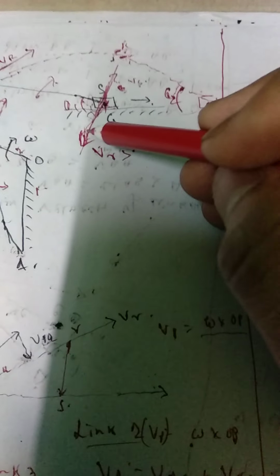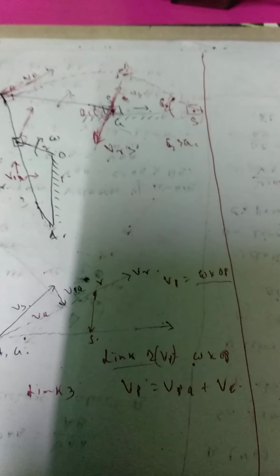We will draw a vector parallel to this Vrs, perpendicular to the link Rs, on this vector Vs, like this.